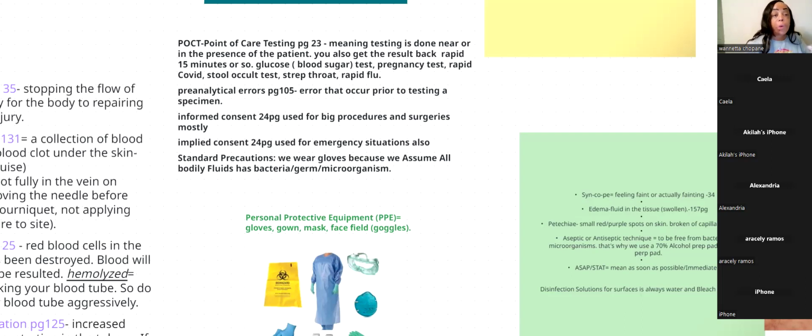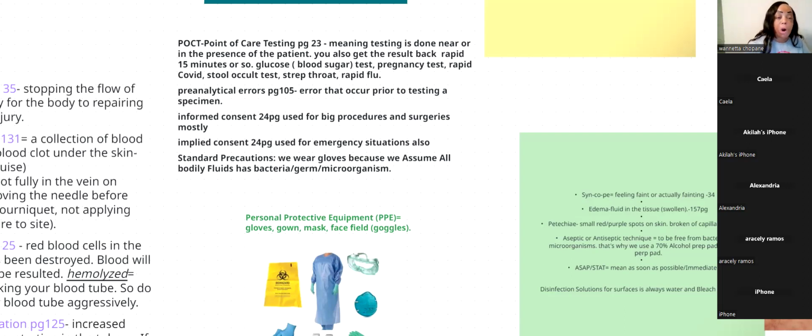But while you were in there, if the doctor determined her gallbladder or her appendix needs to come out, that's more of a bigger surgery. You have bigger risks, so the doctor or the nurse does an informed consent. They have to explain the risks that can happen, and the patient has to sign it. Versus an implied consent, which can be just talking to the patient verbally, which is what most laboratories do.